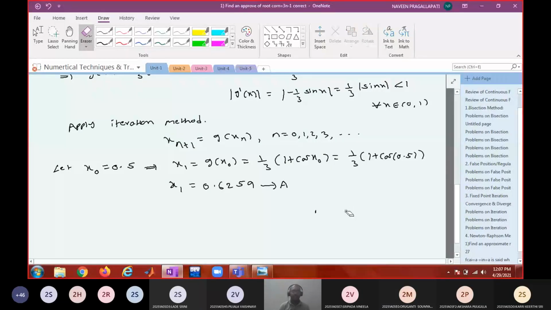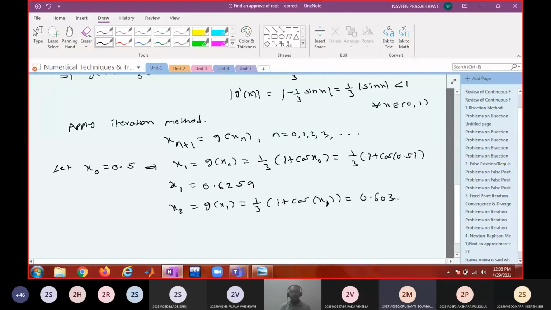Now what is the value you get for x2? x2 equals g of x1. 0.6035.